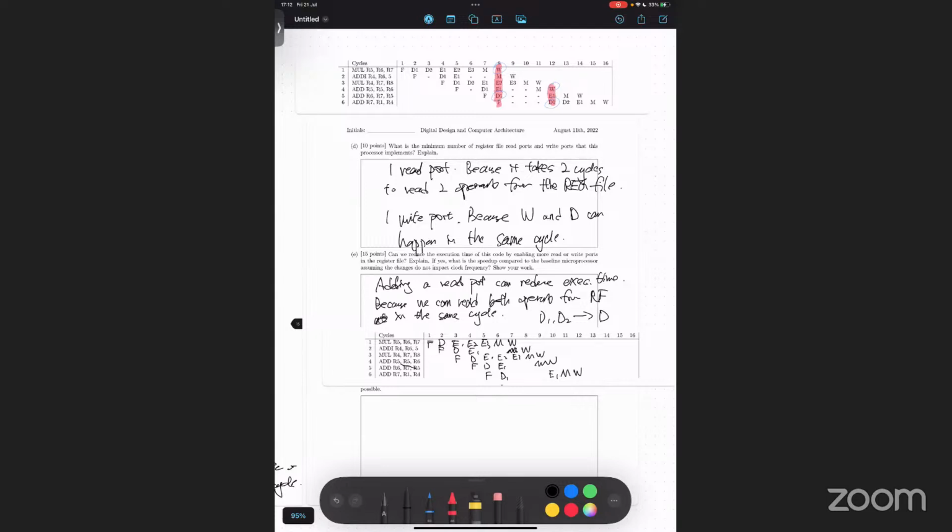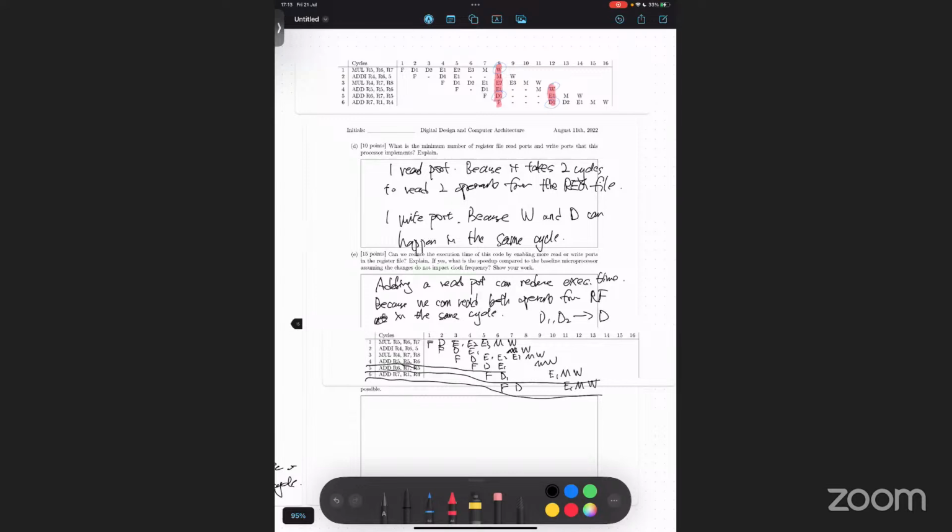And finally, for the last instruction, we fetch, decode, wait for E1, memory, write back. So yeah, this is a bit tilted.